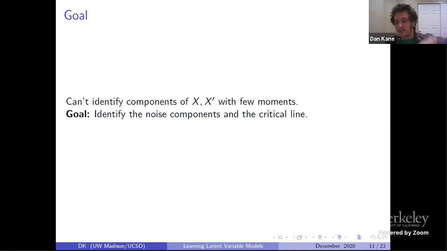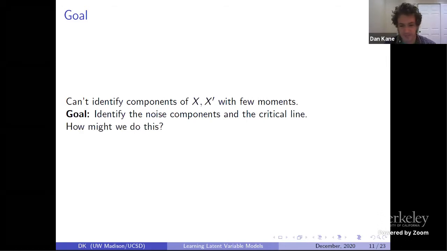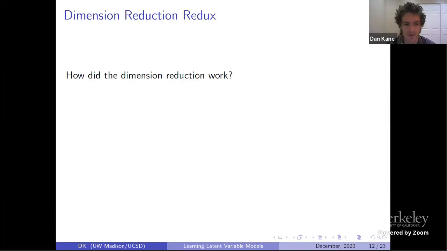But maybe we can identify this line that all of the other components lie on. So the hope is we can identify the straggler random components and then the line where this interesting moment matching construction is taking place. And hopefully we can do something exhaustive on that line and have identified everything else. Okay, so this is our goal, but the question is how might we be able to do this?